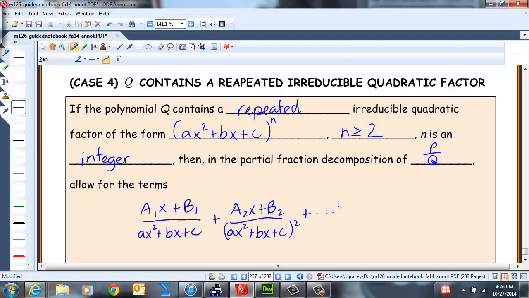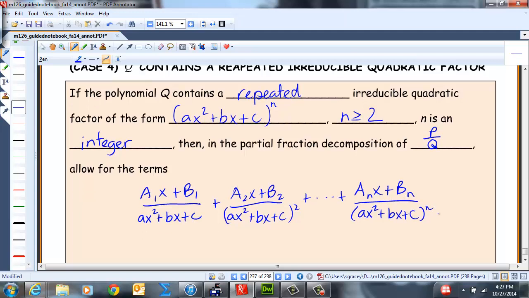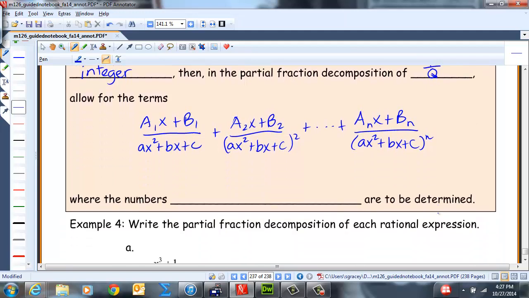And then you keep doing that till you're done, and you'll have anx plus bn over ax squared plus bx plus c raised to the n. And then, of course, a1 and b1, a2 and b2, all the way down to an and bn are to be determined.